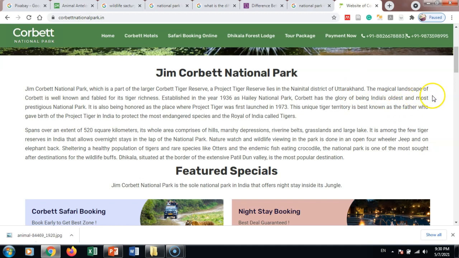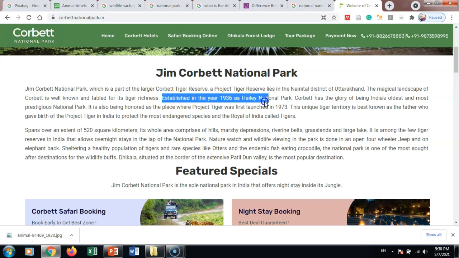The magical landscape of Corbett is well known and fabled for its tiger richness, established in the year 1936 as Hailey National Park. This is the authentic site of Corbett National Park. You can easily see here, and you can check by yourself also, that it was established in the year 1936.